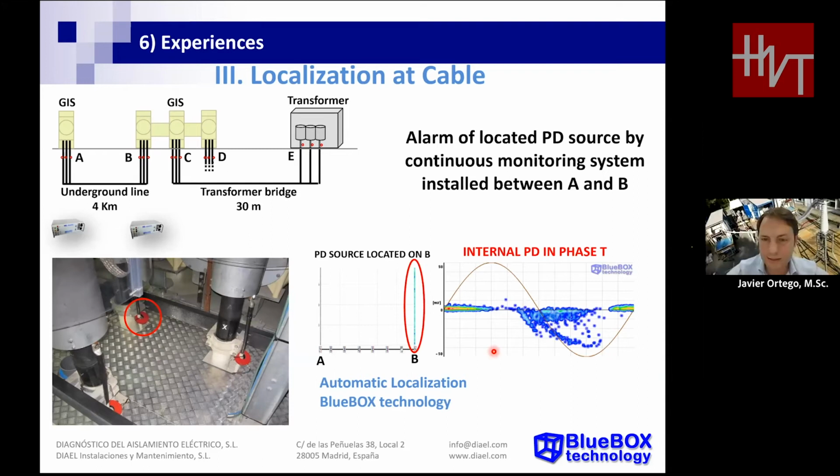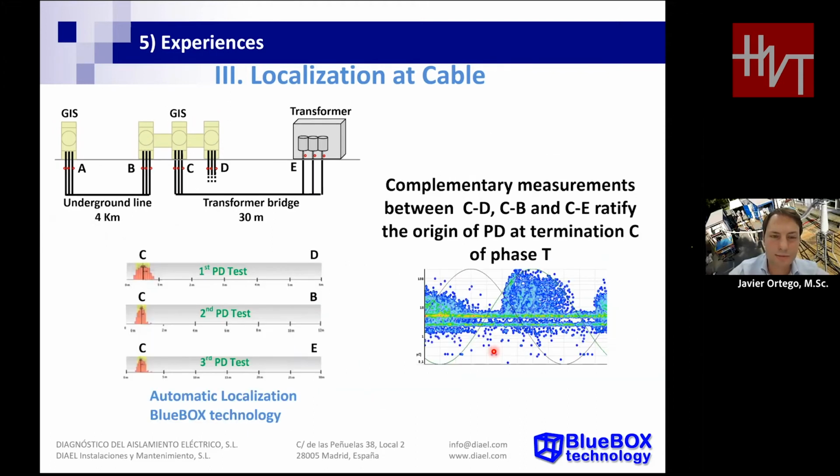the third phase. When we analyzed this phenomenon, the customer decided to carry out additional measurements in order to localize the PD in substation B. Those measurements were carried out between different positions. They did synchronized measurements between position B, position C, position D, and all the transformers of the substation.